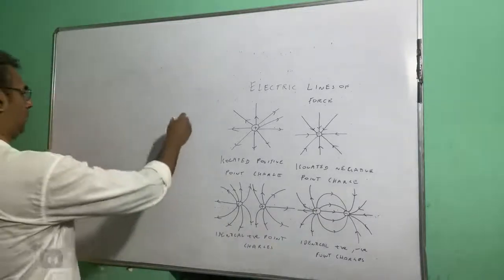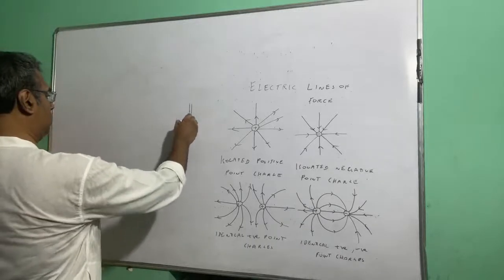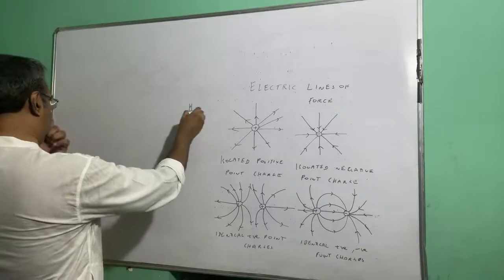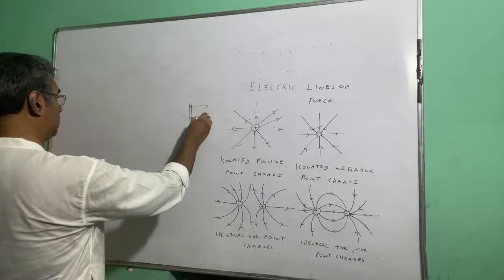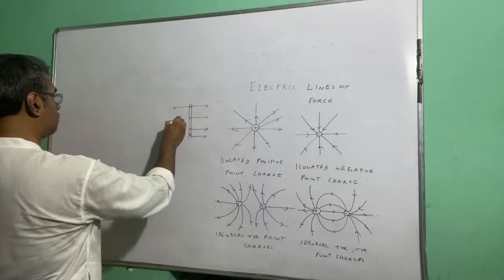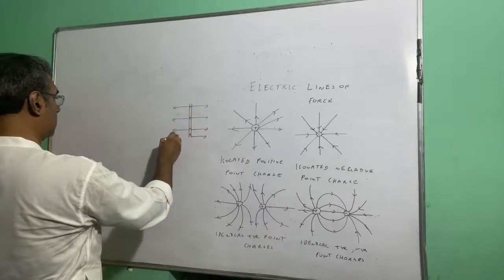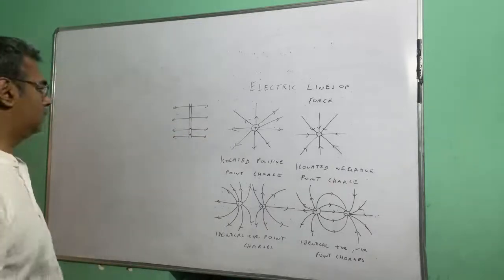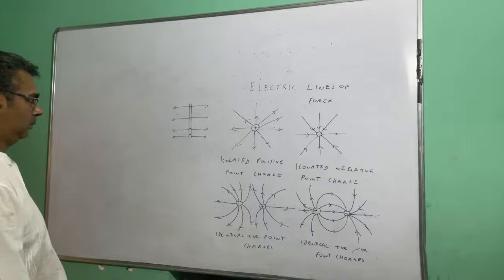And of course the fifth one is that there is a single line of positive charge, like this.